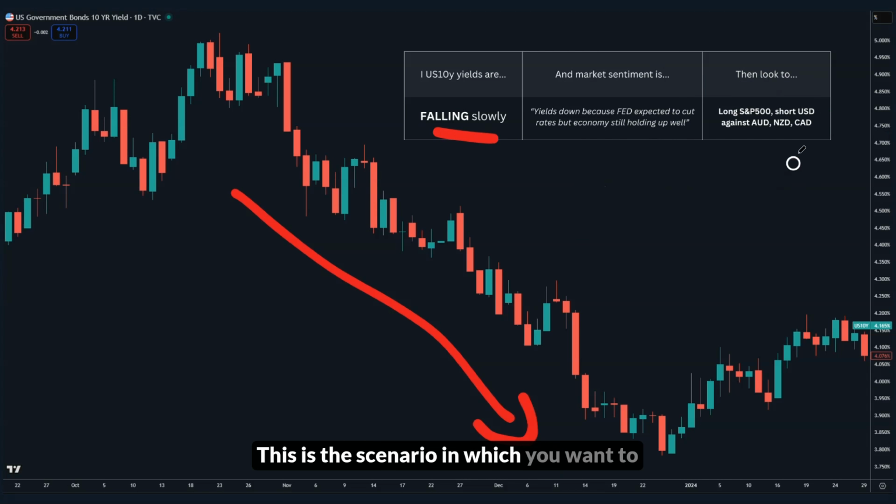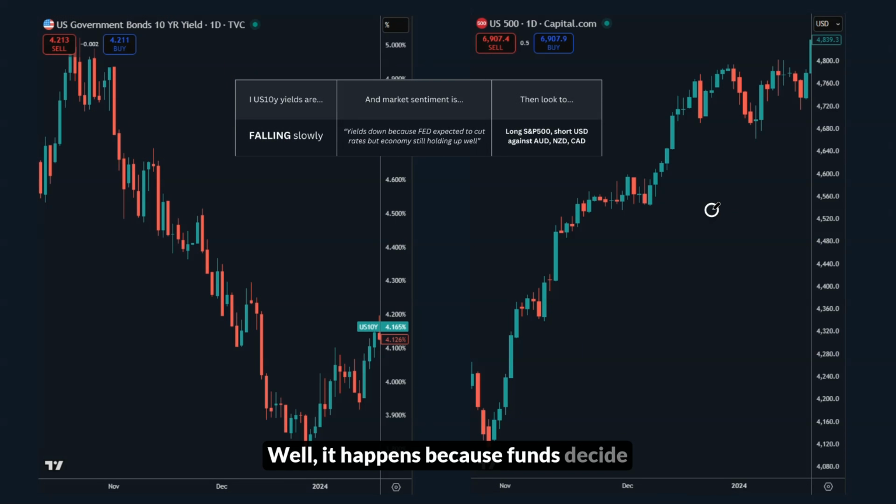This is the scenario in which you want to long the S&P 500 because the economy is doing great and the cost of money is being reduced. So financial conditions are easing, which is great for stocks. And you want to short the dollar against high beta currencies like the Australian dollar, the New Zealand dollar, and the Canadian dollar. Why does this flow happen? Well, it happens because funds decide to leave the safety of the dollar, which is also a safe haven, and they start to go looking for return.